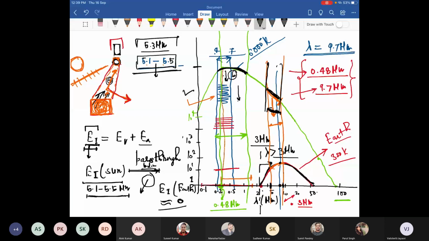So let's say some part of the energy is absorbed in the atmosphere and the remaining part reaches the Earth's surface. The spectral composition will not change. The part which reaches the Earth's surface is still only within 5.1 to 5.5 micrometer.